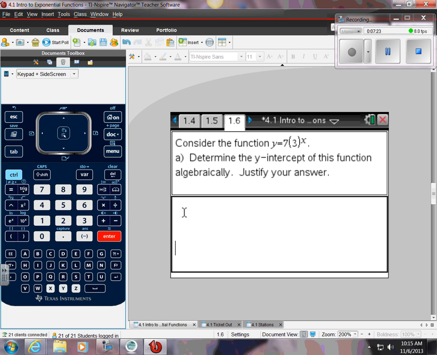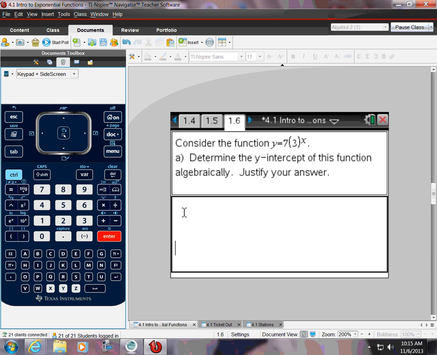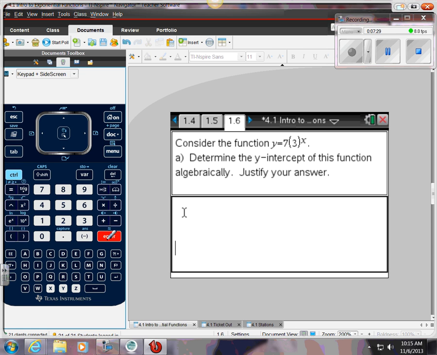Okay, is that going to be the case here? Why not? Good. Okay, so how would I do this algebraically? Raise 3 to what power? 0. Why 0? If I'm talking about the y-intercept, we're saying every single one of them was the point 0, 1, right?